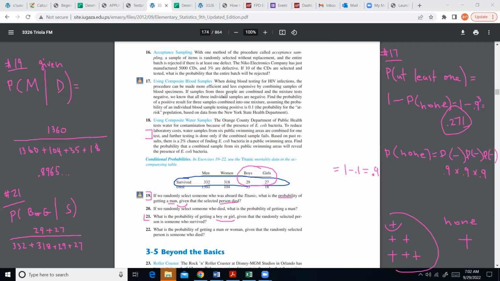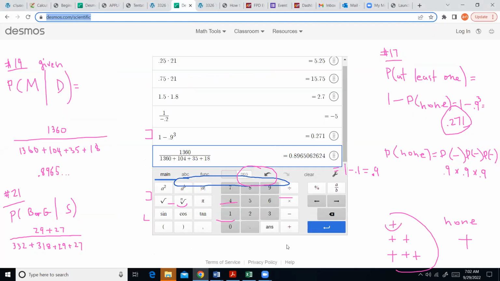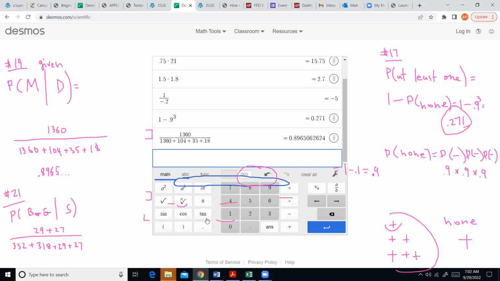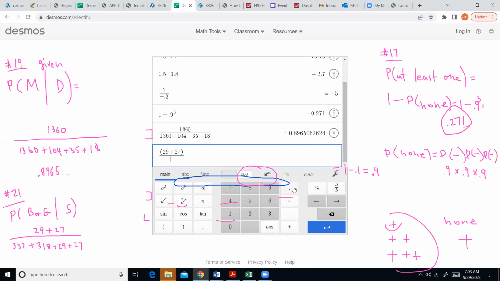So great that you're working on it. And let me also put this together. Please notice that in this calculator, I must use parentheses for the numerator because otherwise I won't be able to divide the sum of those two numbers entirely by my 332 plus, so the entire denominator.